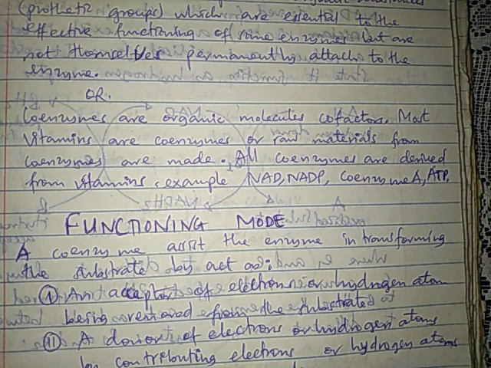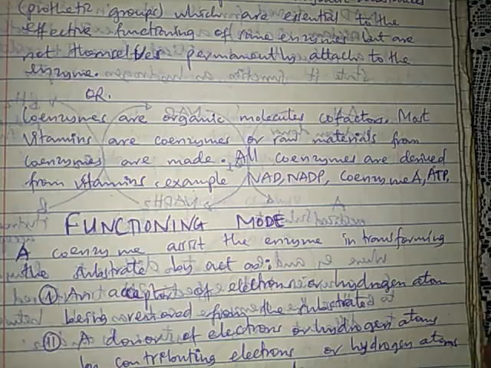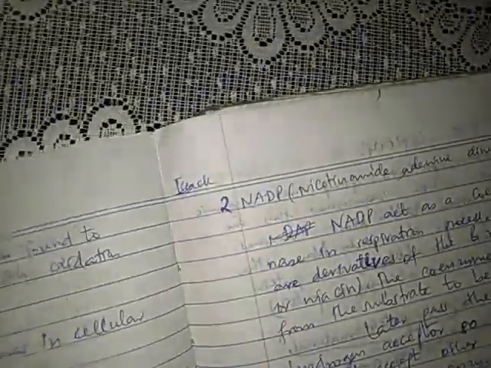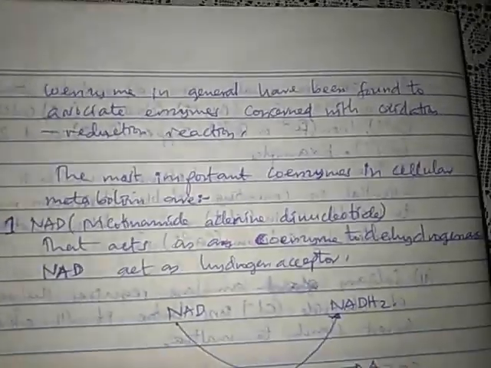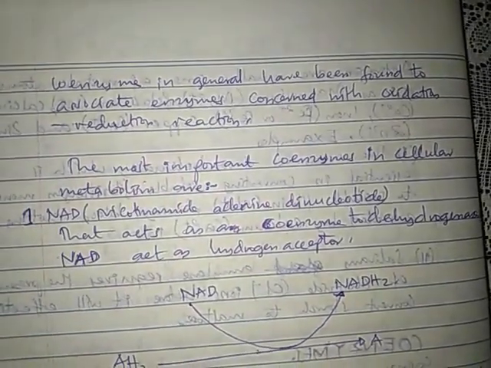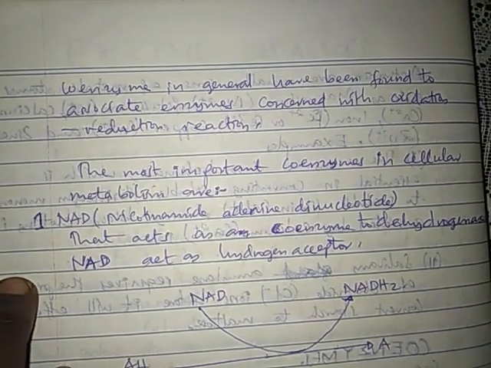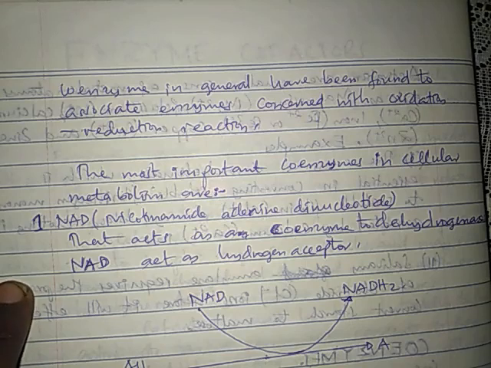Lakini pia inaweza act as a donor of electrons or hydrogen atoms by contributing electrons or hydrogen atoms in the synthetic reactions. Kwa hiyo inaweza act kama donor au kama acceptor wa hydrogen au electrons. Kwa kuact kama donor au acceptor wa hydrogen ions, at the end of the day zinaweza kusababisha reaction yako iweze kuproceed kama ilivyotakiwa.